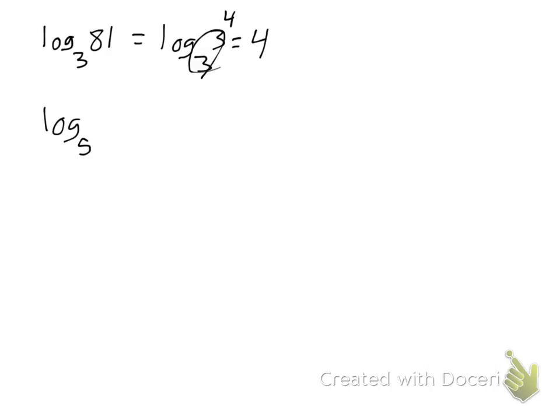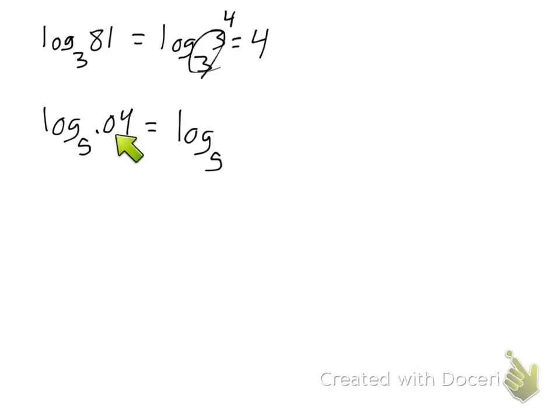Log base 5 of 0.04. Oh my goodness. I don't know if I like this one. Can I actually write 0.04 as 5 to some power, possibly? Or wait a minute. 0.04. If I write that as a fraction, how do you read this number?